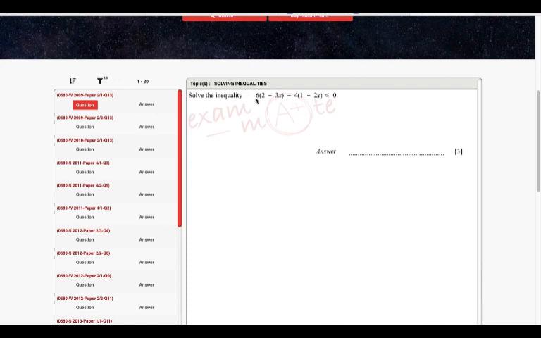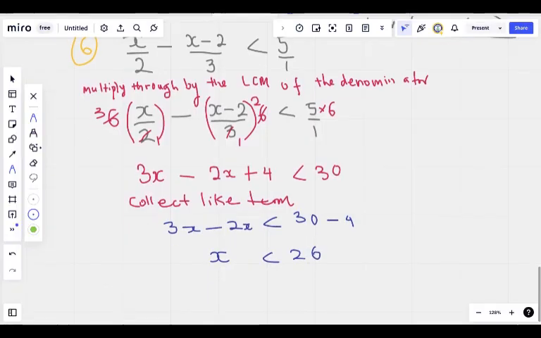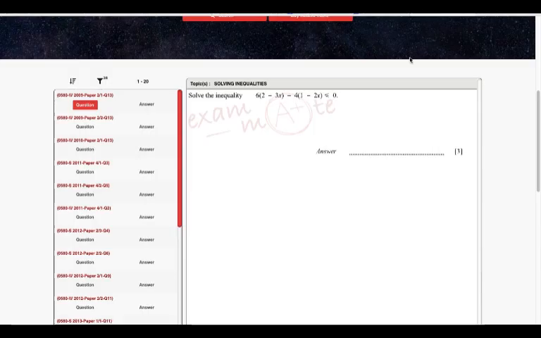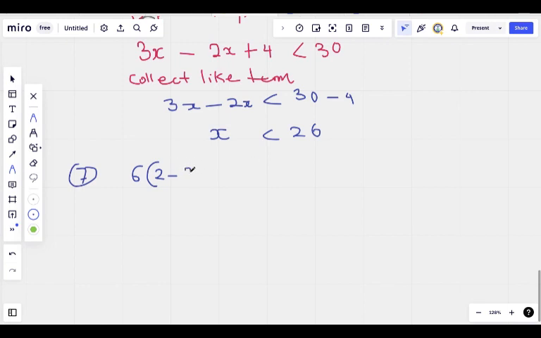So yes, we write this: 6 into 2 minus 3x. Question number 7. 6 into 2 minus 3x, close the bracket, minus 4 into 1 minus 2x.